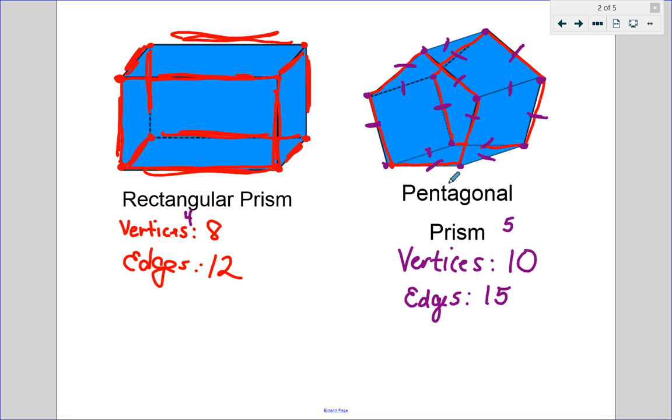Some are not parallel though, because if we look at these two faces here, if I put these together, they're going to cross each other. They're going to meet up, right? And these ones will meet up. But the front pentagon and the back pentagon will not meet up. They're parallel to each other.